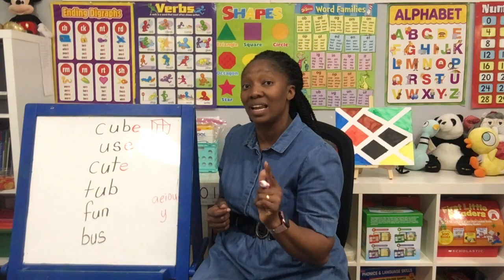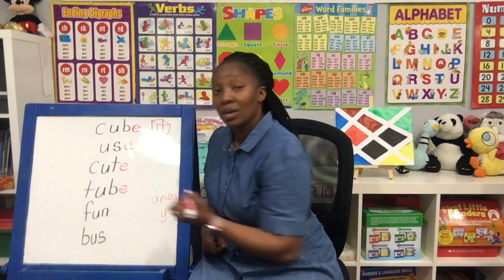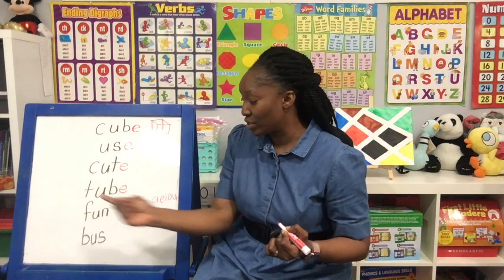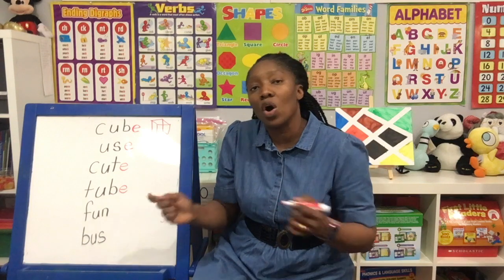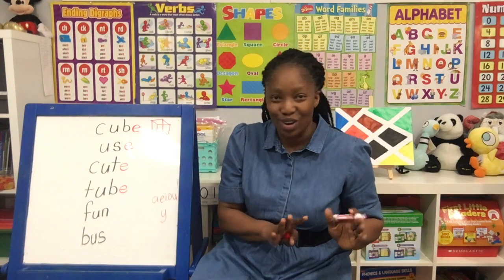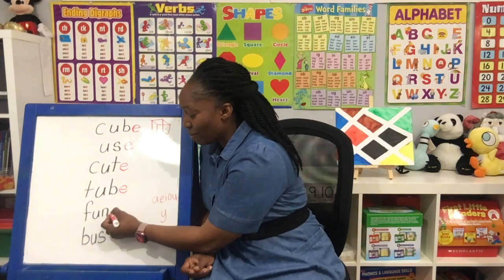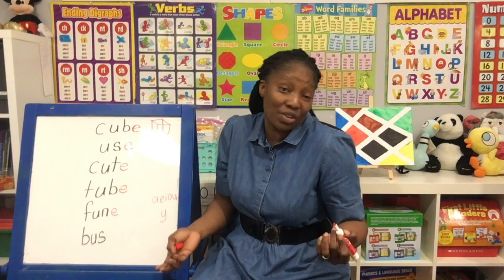Let's try with this word, tub. Now let's put a silent E. And what is it? Yes, tube. Now, do all short words make long words later? No. If we put an E right here, it will give us the word fune, and I haven't heard of that word.